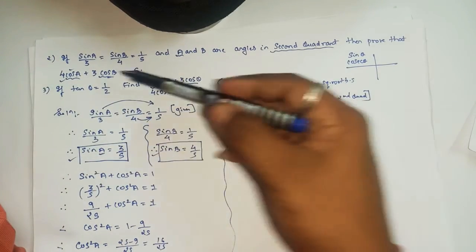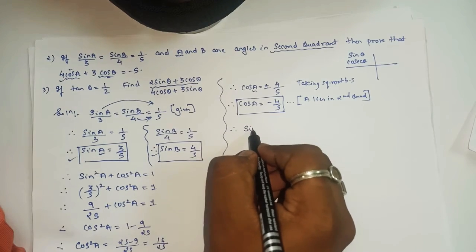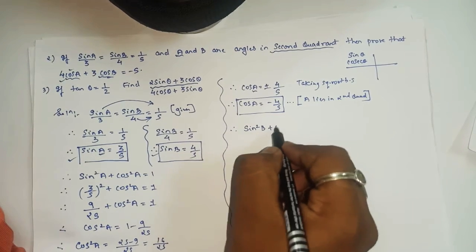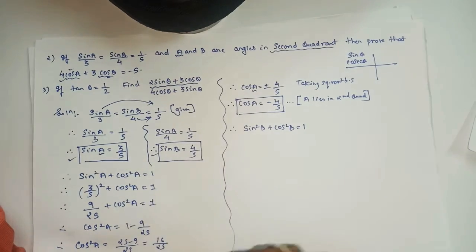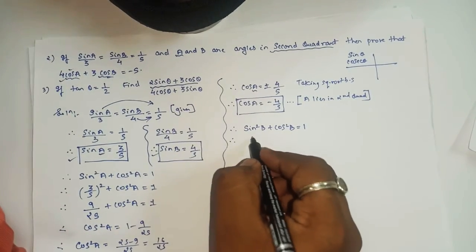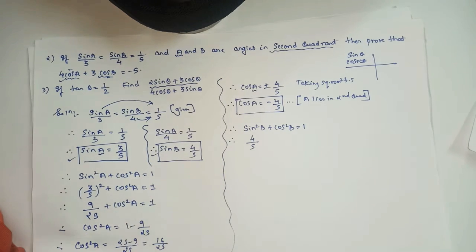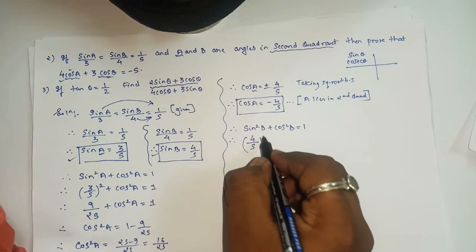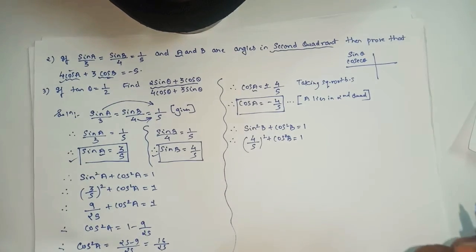So here we got cos A with the help of sine A. Now we'll find cos B with the help of sine B. Again we'll use the same relation, sine square theta plus cos square theta equals 1, where theta is replaced by B. So this is 4 upon 5, the whole square, plus cos square B equals 1.